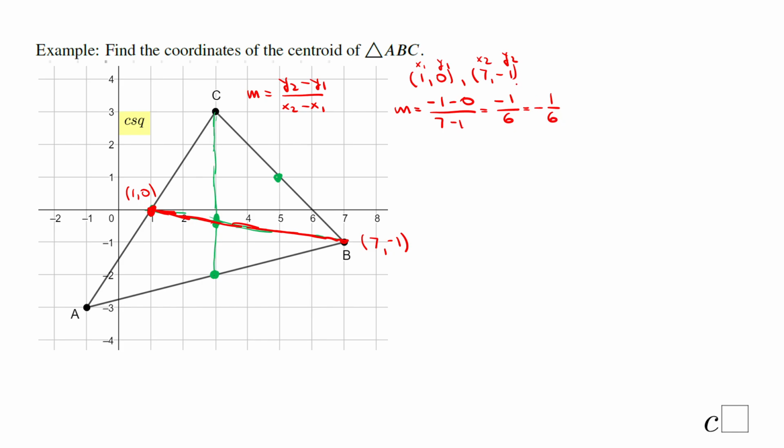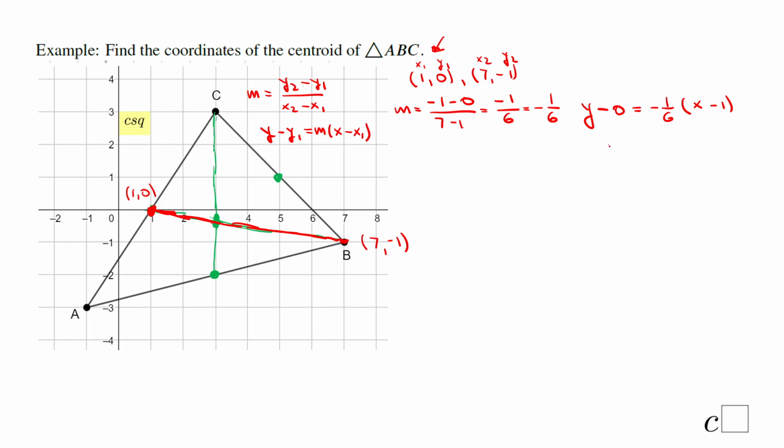And now we can write the equation of this line using this form, y minus y1 equals m times x minus x1, the point slope form. So what do we get here? Y minus y1, so we're going to take this point, I think it's easier, y minus 0 equals -1 over 6 times x minus x1, which is 1.